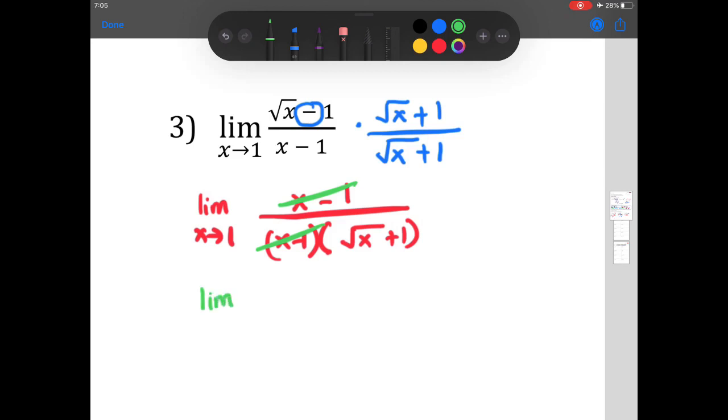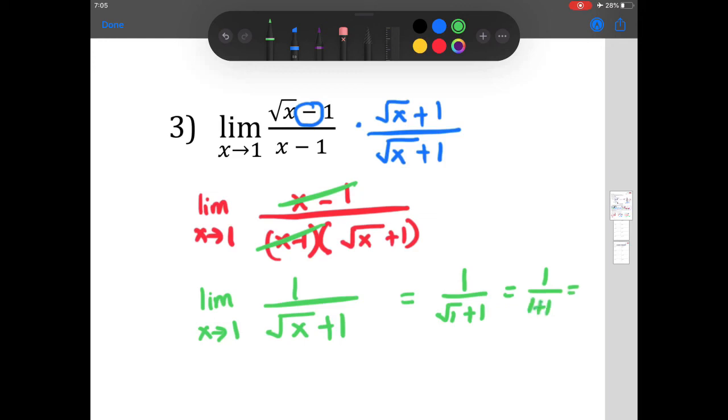Limit as x approaches 1 of 1 over square root of x plus 1. Once you're done simplifying it, then you do direct substitution. Now substitute 1 for x, so I have 1 over square root of 1 plus 1. Square root of 1 is just 1, so 1 plus 1 is 2. So our answer is 1/2.